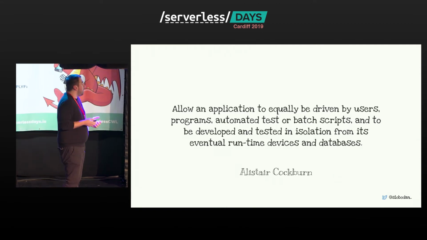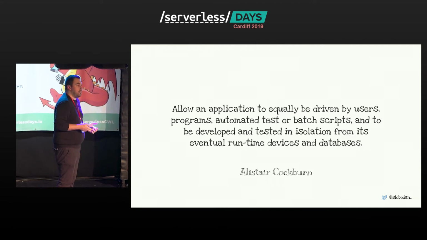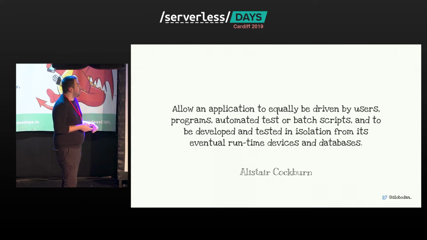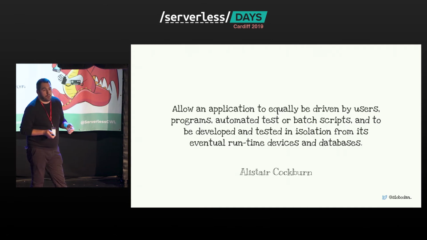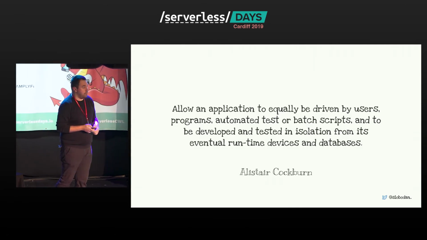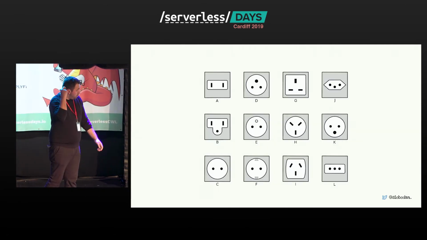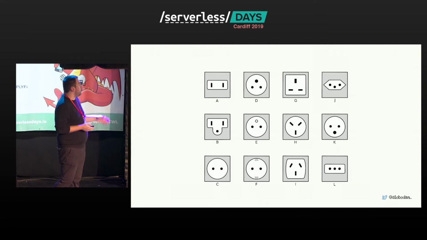This seems like something that works really perfectly with serverless because you often can't run things locally, but if you can run this in isolation of its eventual runtime, that's really good. And if you can run your application or your function with automated tests and maybe programs, that can be really, really good too.